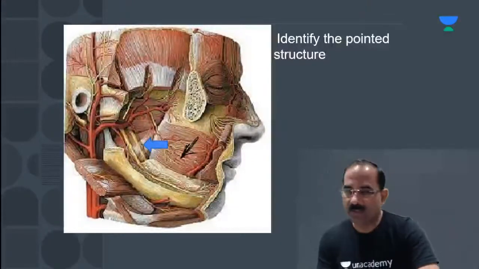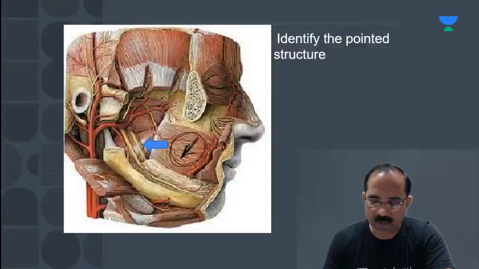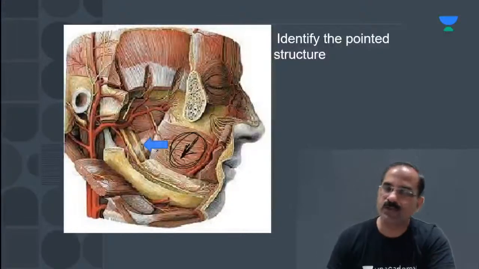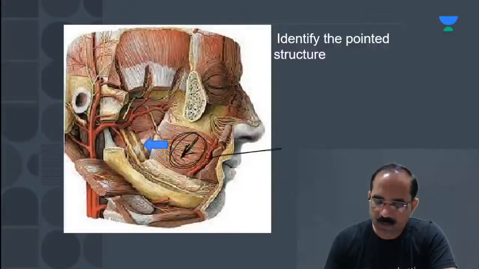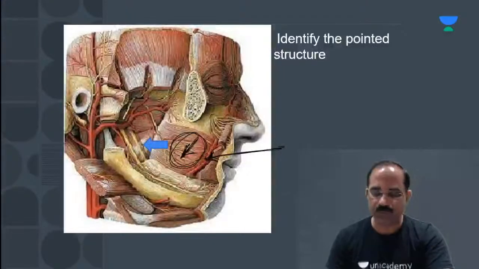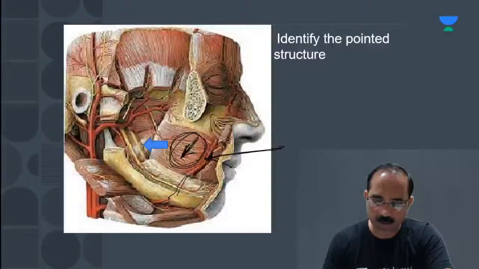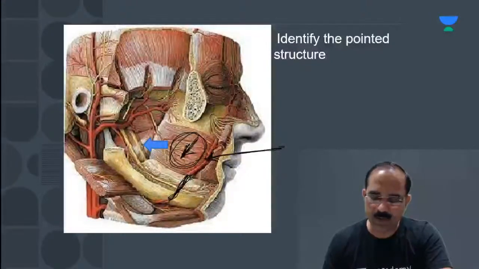This muscle is a masseter. Sorry, that's a buccinator. I'm so sorry. That's the buccinator muscle. And what is the nerve supply of buccinator? That's the buccal branch of facial nerve. What is this artery going to be? That's the facial artery, which is a branch of the external carotid artery.